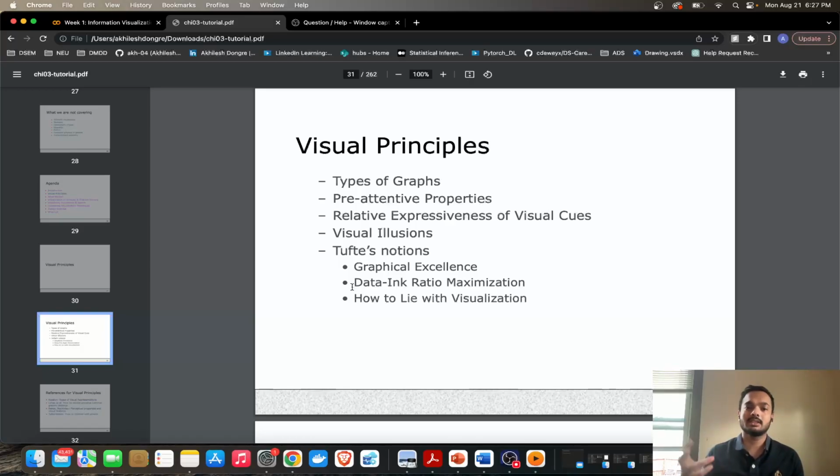And these choices sometimes directly relate to what the end goal is. And hence, these types of principles exist where we can go over the theory of certain principles that we need to understand, so that while making a choice of what kind of a graph we are going to choose, we already have certain knowledge about what is the end goal and hence what to do with the data.